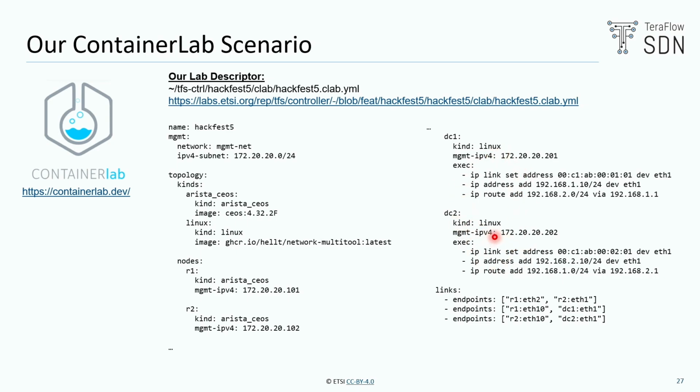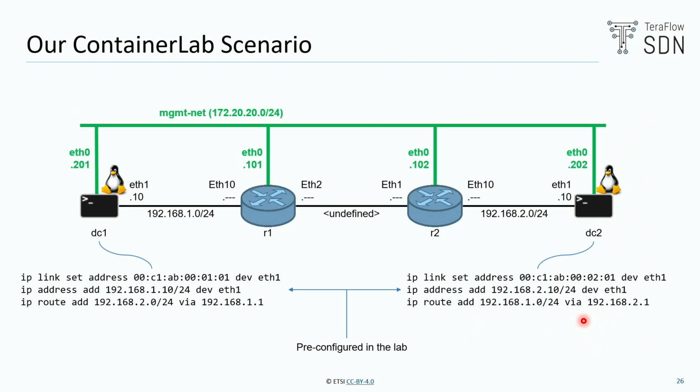The idea is that the data centers are not managed in this specific scenario by TerraFlow. So we are assuming this configuration is given initially. Regarding the connectivity between all these elements, interface 2 of router 1 is connected to interface 1 of router 2, and then the interface 10 of each of the routers is connected to one of the data centers. So this results in this setup. It's a linear setup. Okay.